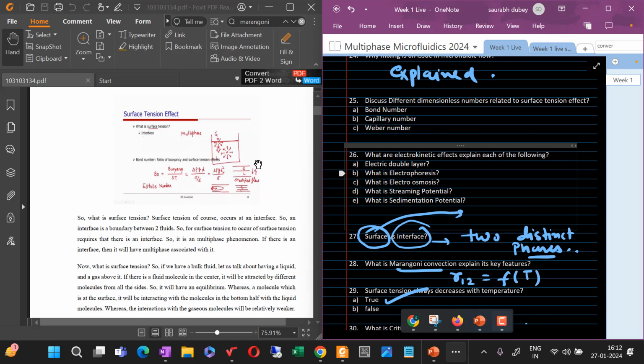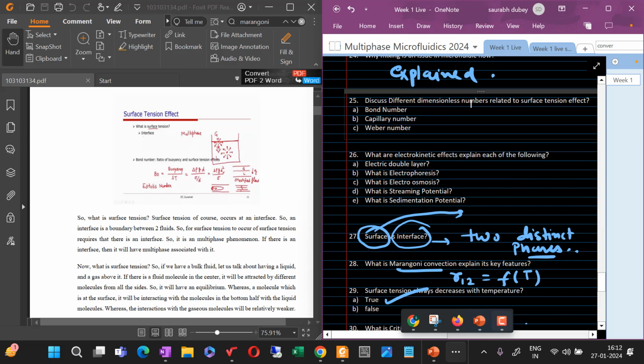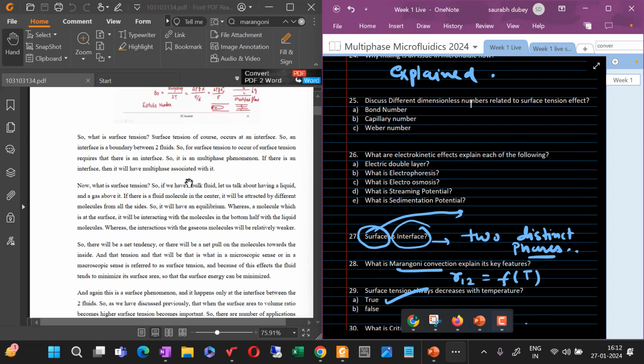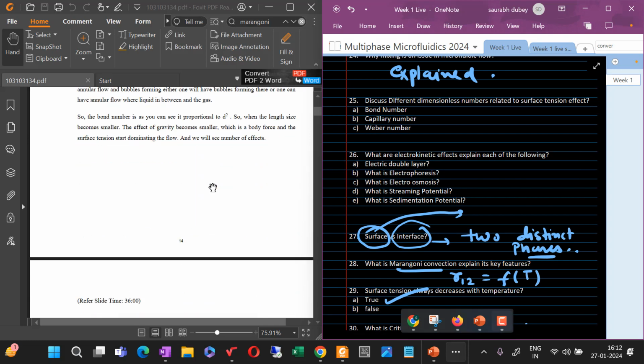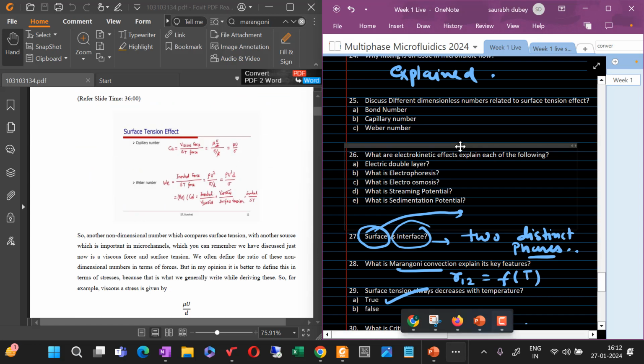So if gas and liquid are there in a horizontal channel, there will be stratification, and there will be a change in density, rho 2 minus rho 1. So the bond number takes care of the buoyancy to the surface tension, the capillary number takes care of viscous force to the surface tension, and the Weber number takes care of inertia force to the surface tension.